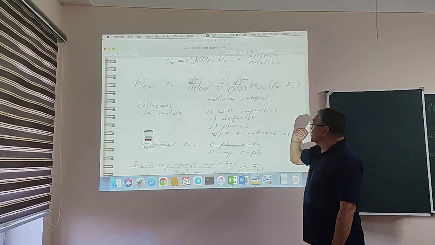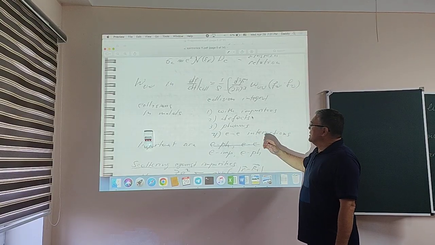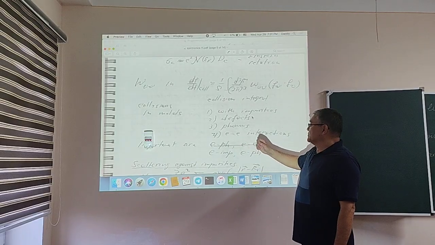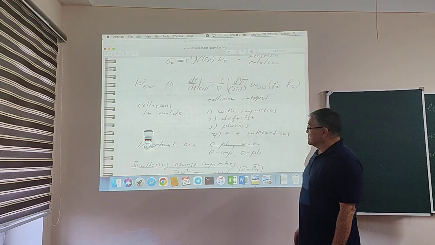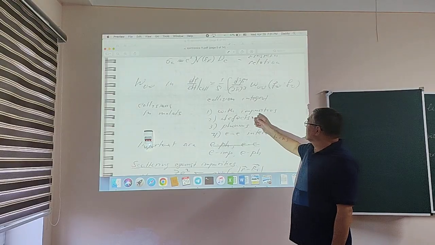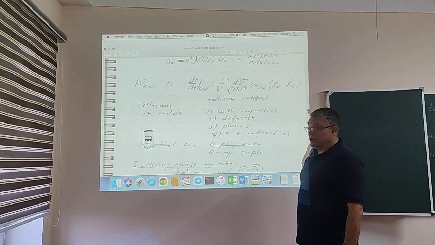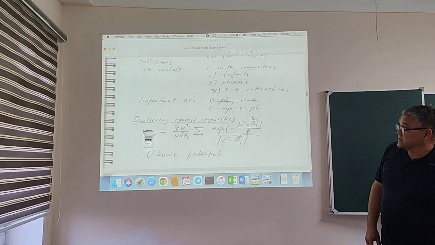The first kind of collision could be with impurities, the second with defects, the third with phonons, and the fourth is electron-electron interaction, so electrons can scatter on each other. Among them, the most important ones are electrons colliding with impurities and electrons colliding with phonons. So let us look at these two kinds of scattering.